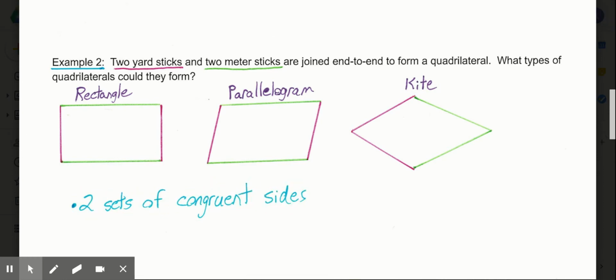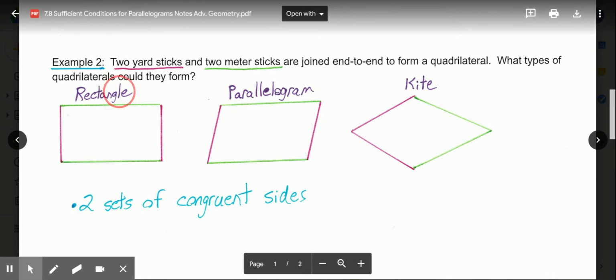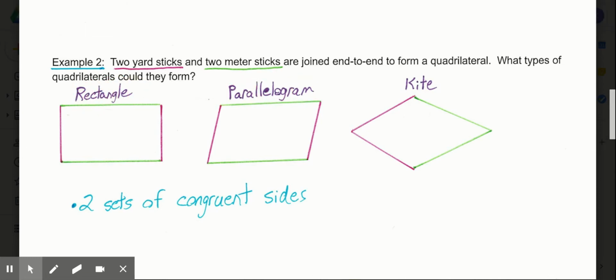It doesn't tell us how they have to be arranged. So we can think about any quadrilateral that meets the condition of two sets of congruent sides. That leaves us with three options based on their definitions. We could have a rectangle, we could have a parallelogram, or we could have a kite.